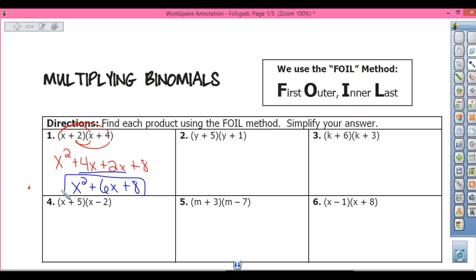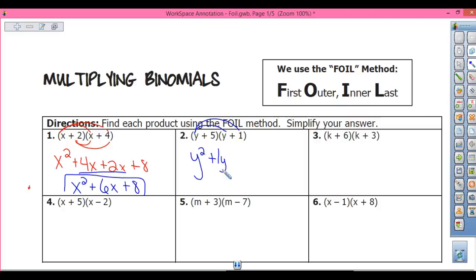Okay, so number 2, we've got y times y to get y squared. And then what do I have to multiply? Y times 1, so I get plus 1y or plus y, either one.